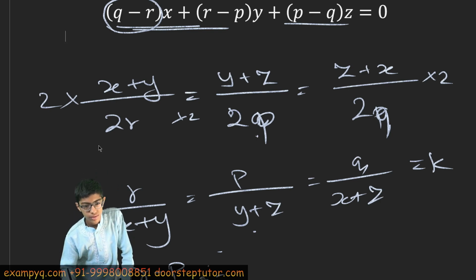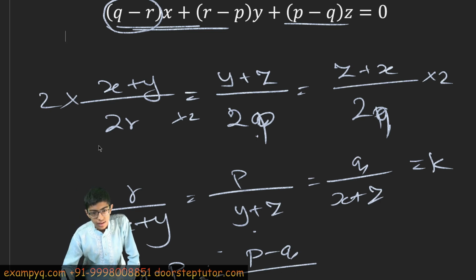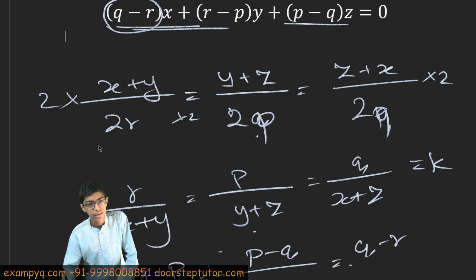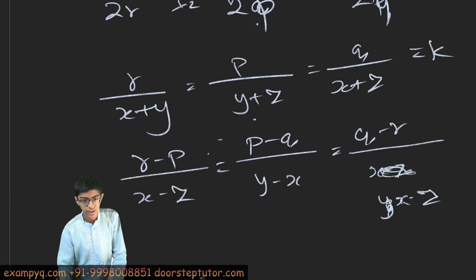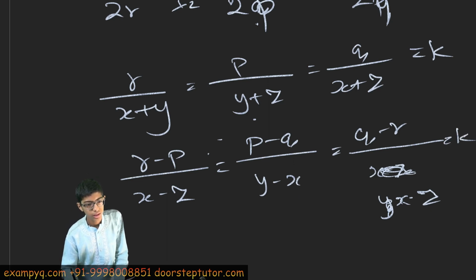That is p minus q divided by y minus x, that is again equal to q minus r divided by x minus z. This is equal to k. Therefore we have r minus p by x minus z equal to k.